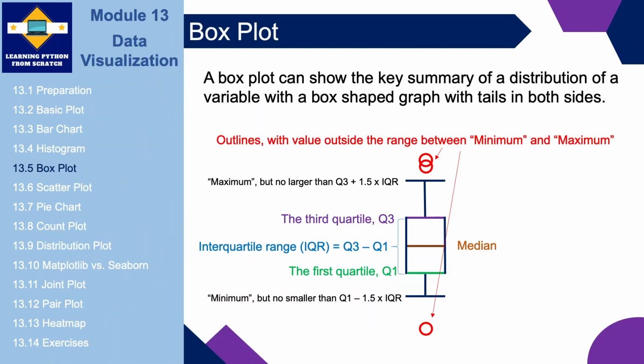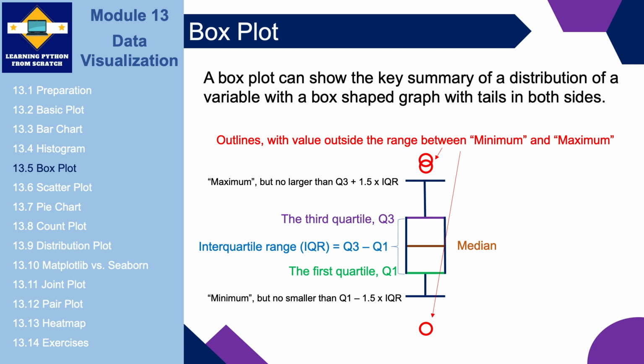A box plot shows the key summary of the distribution of a variable with a box-shaped graph with tails on both sides. There are 7 key statistics in this graph. First, median. Second, the first quartile, Q1. Third, the third quartile, Q3. Fourth, interquartile range, IQR equals Q3 minus Q1.